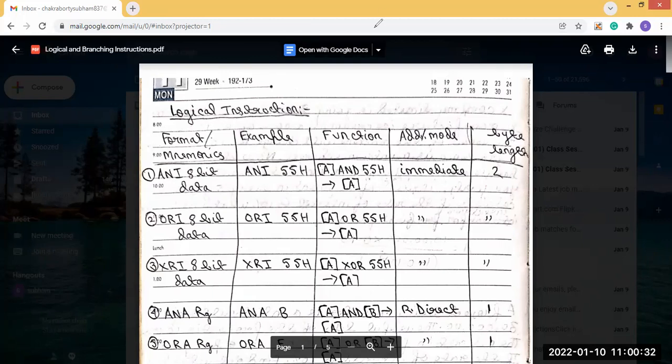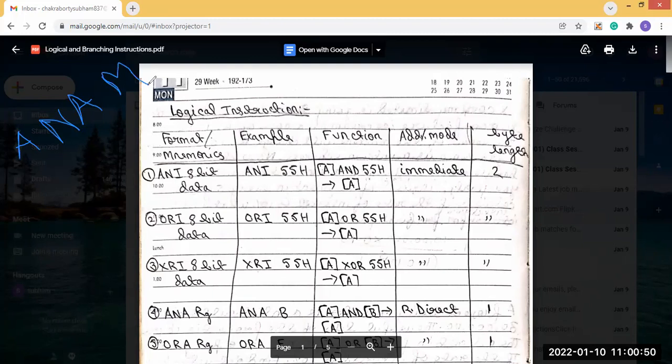Then the next instruction is ANA, and M is mentioned.